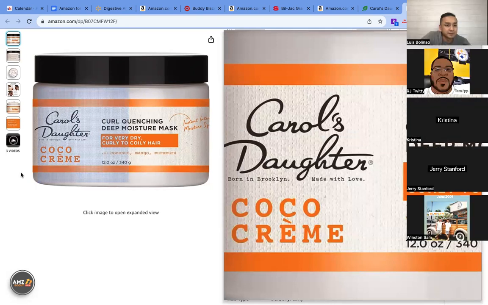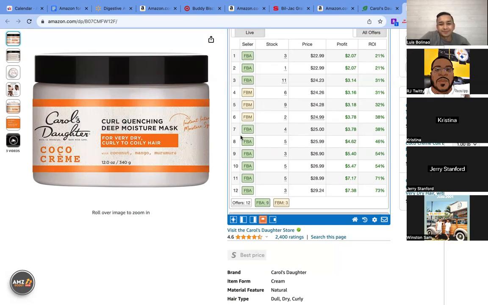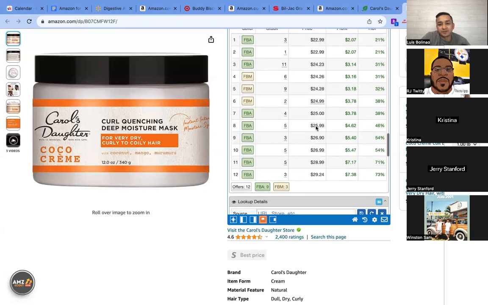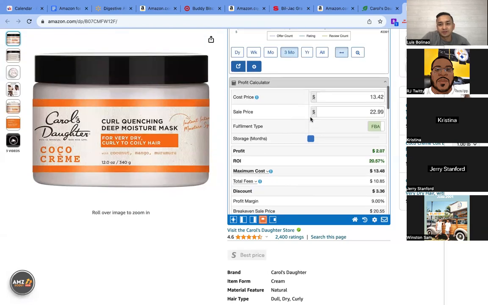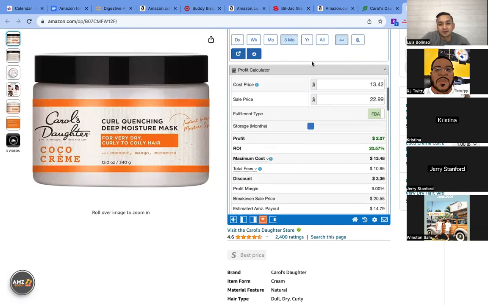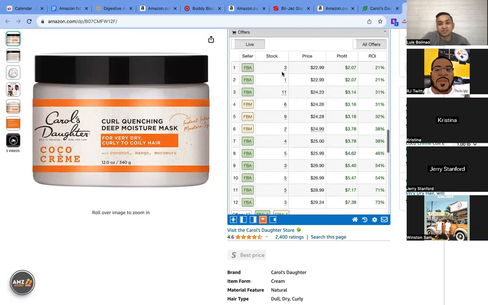Who's that? RJ. RJ, what's up, bro? Yeah, I think to me this ratio is pretty uneven because there's only 51 sales a month, right? And there's a lot of sellers on this listing, honestly. So it's not that it's bad, it's more like it's gonna sell slower.